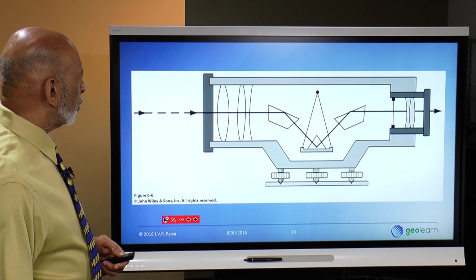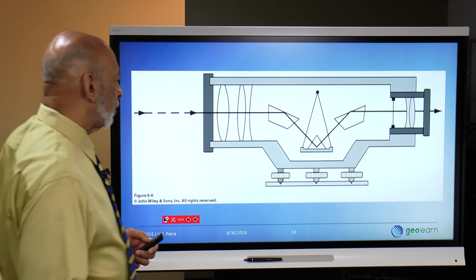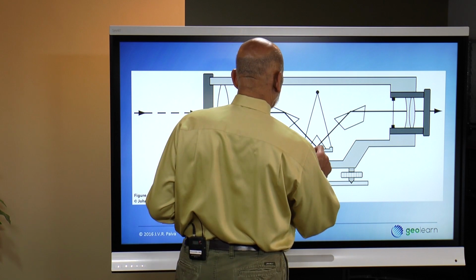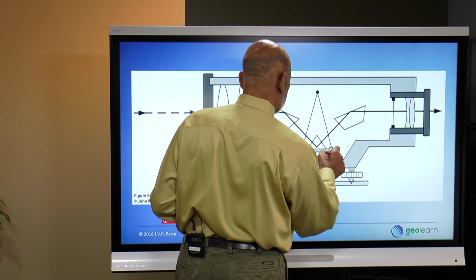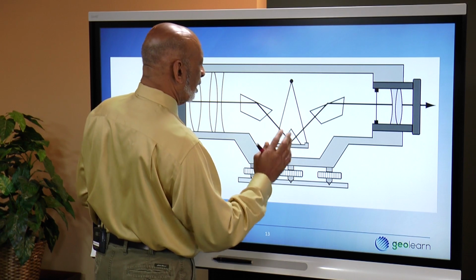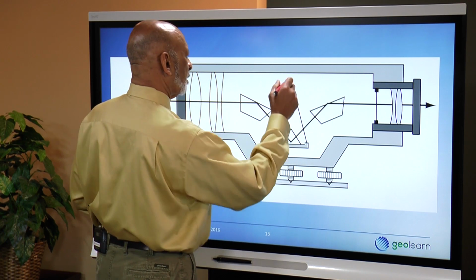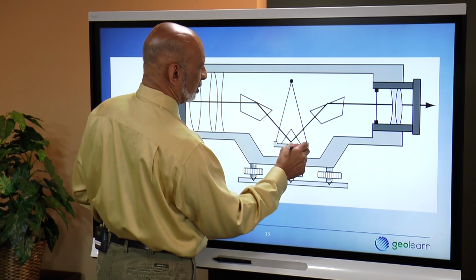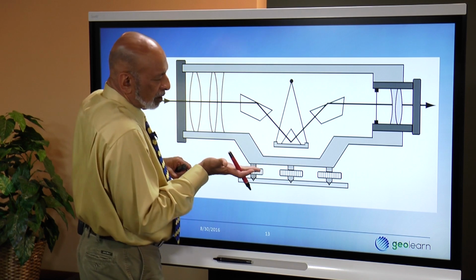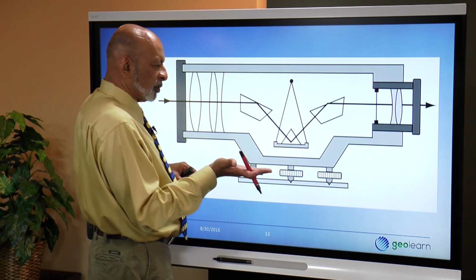Here's a cutaway drawing of what it looks like inside the level. You basically have a couple of prisms and a mirror. Sometimes it's a prism. In this case there's a prism, sometimes it's just a mirror where the light bounces this way. And what happens is if the level is tilted one way or the other, these are suspension wires. And so this platform that holds the prism can swing a little bit this way and that.